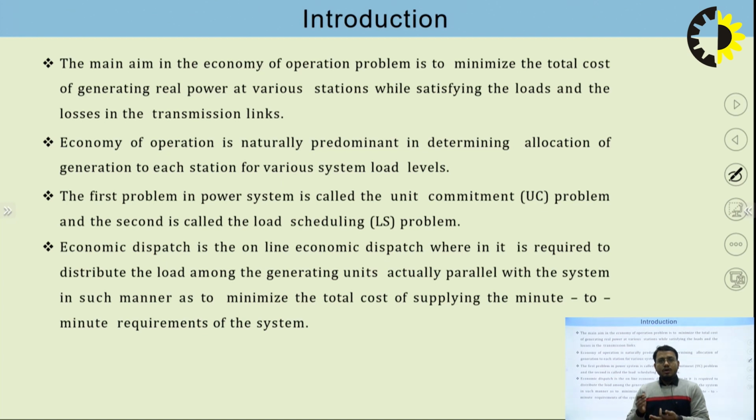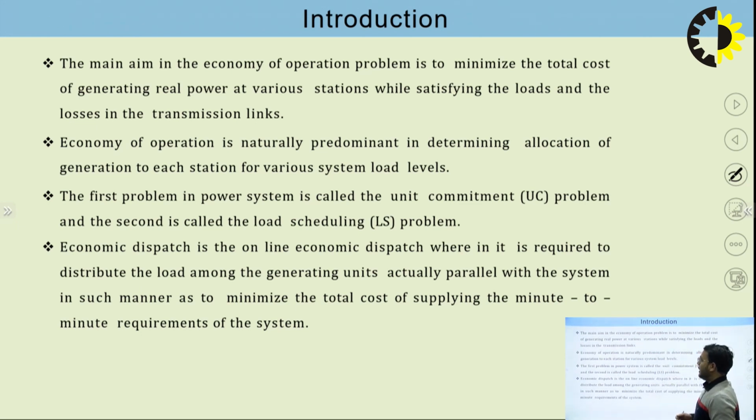An equilibrium has to be maintained: the generated power must be equal to the power demand, power losses, and the reserve capacity of the system. Reserve capacity is the amount of power which acts as a reserve for the system, right?